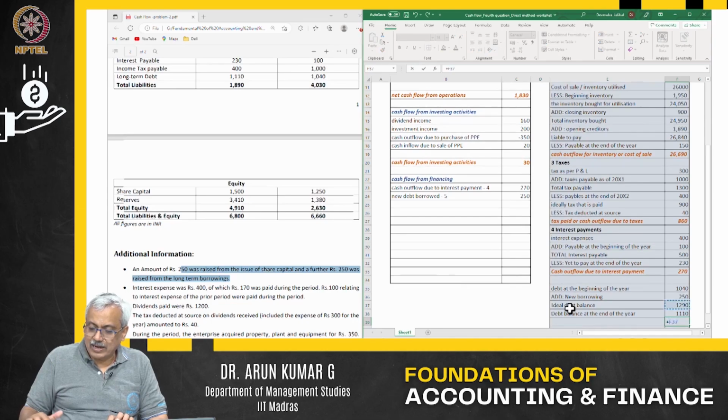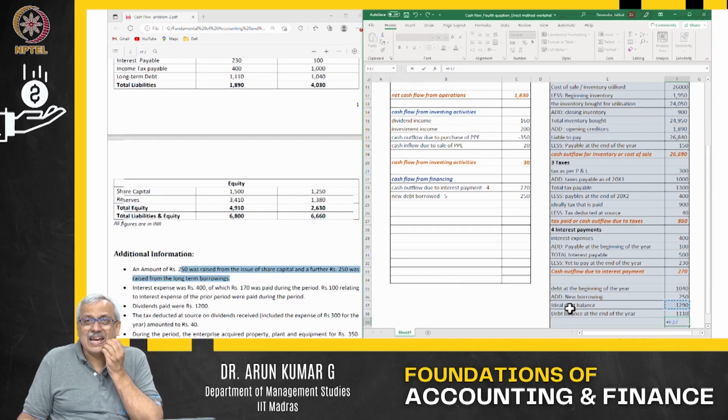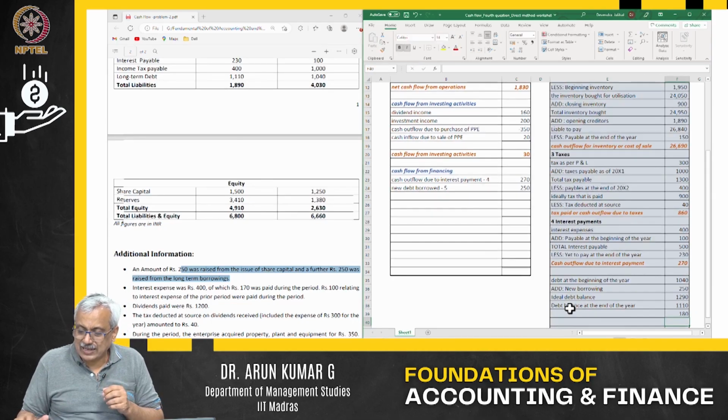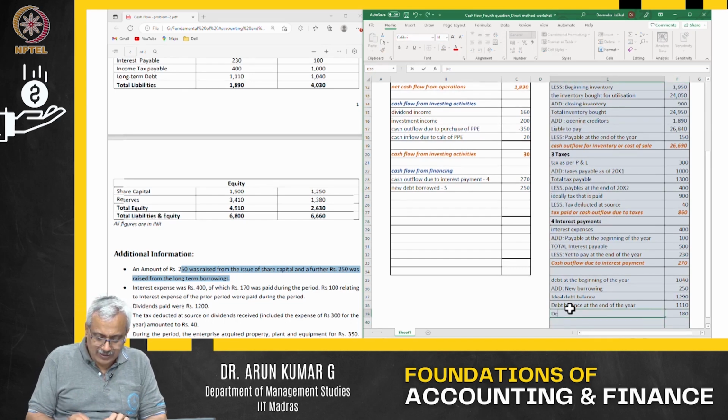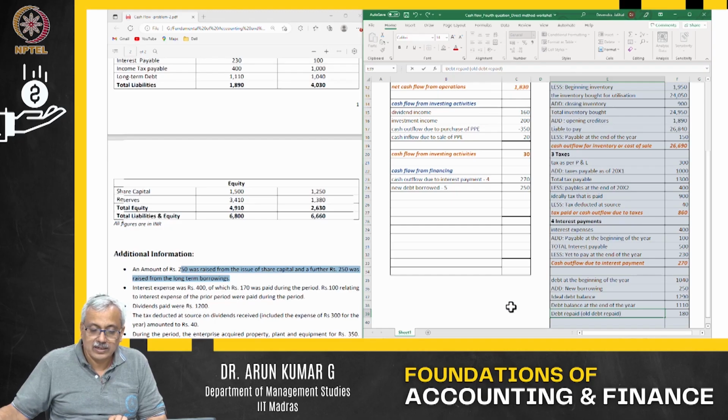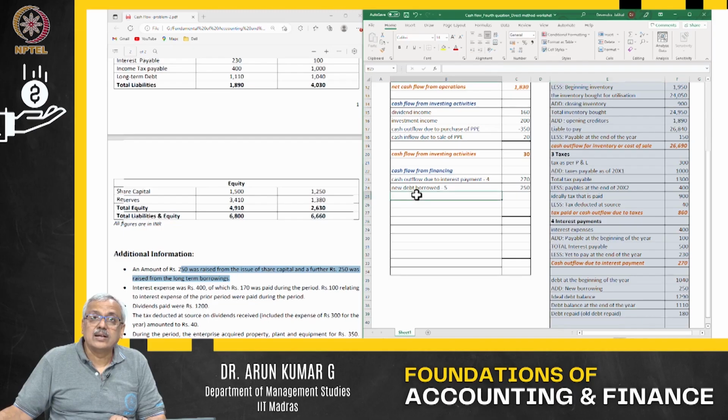That means what has happened? 1290 should have been there, but only 1110 is there. That means this is the amount of debt you should have repaid, or I would say old debt repaid is 180. So, new debt borrowed 250, agreed.